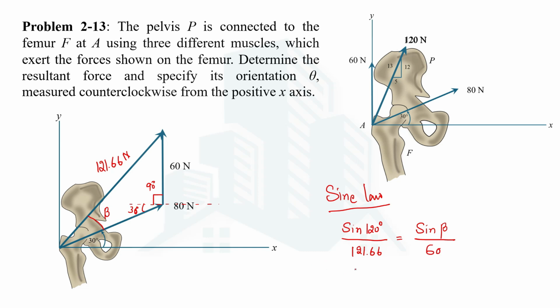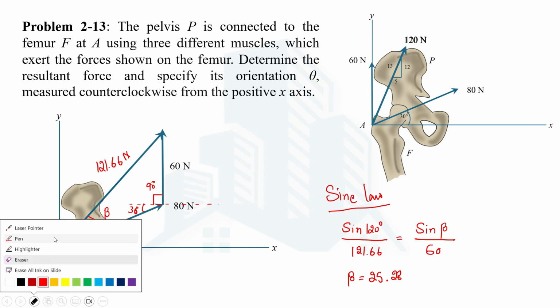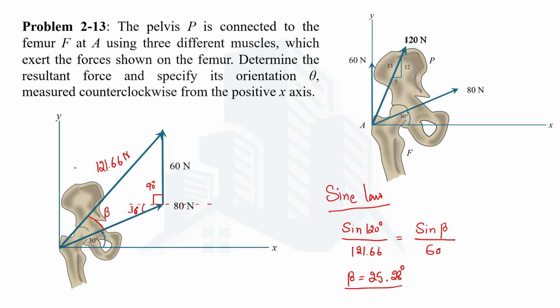So divide by 60. Now from here we can have the angle beta using simple calculations. So on doing calculations, you are going to get 25.28 degrees actually. Now this is FR1. Now we can use the third force, which we haven't used before, which is 120 Newton.